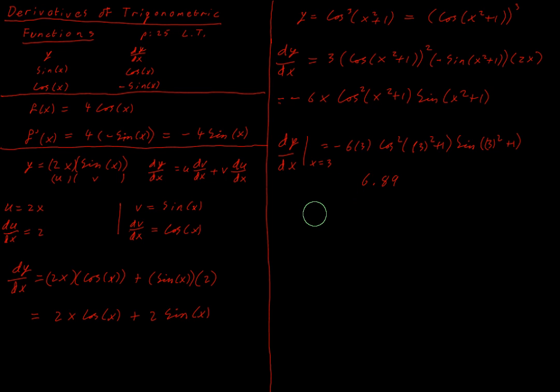So rounding to 2 decimal places, the next decimal would be 4, but that'll be accurate enough. This gives us the slope of the tangent line to this curve at x is equal to 3. Now let's show that and see that it does in fact work out. This function looks very weird, so just prepare yourself for it. The screen is about to get brighter.